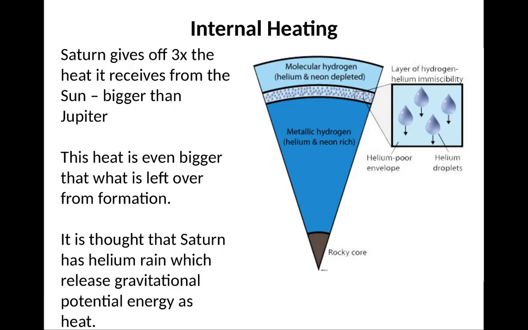Okay. Saturn gives off 3 times the amount of heat received from the sun, right? So this is even bigger than what's left over from formation. So in fact, what's thought to happen is that Saturn might be having something called helium rain. What happens with rain on Earth is that water vapor condenses and falls back to the Earth, and in doing so releases potential energy.